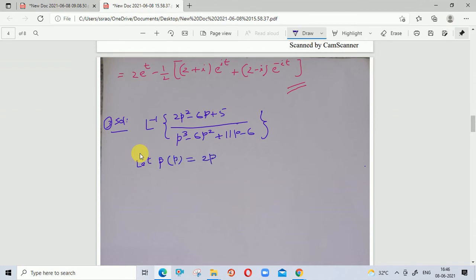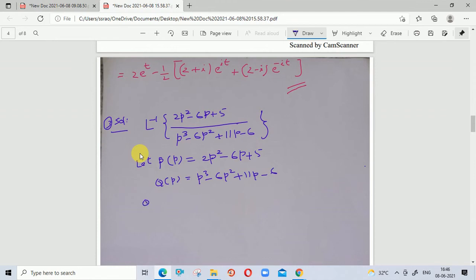Q of p is equal to p cubed minus 6p square plus 11p minus 6. So now we have to calculate q dash of p. So differentiation of q of p with respect to p.